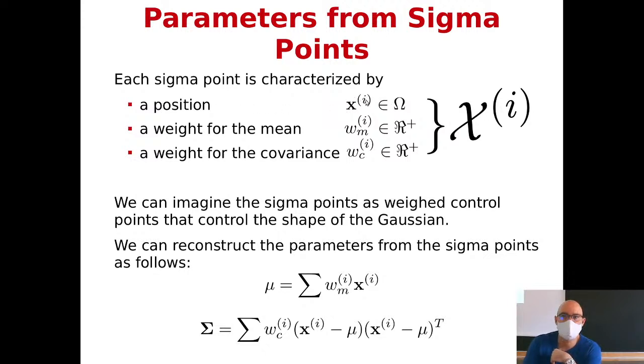And the sample is just a vector in the space of the Gaussian distribution. So if the Gaussian distribution has dimension 3, then these samples will be an element of R3. If the Gaussian has dimension 20, this value will have dimension 20. This index i denotes the number of the sigma points, because we have a certain number of them.